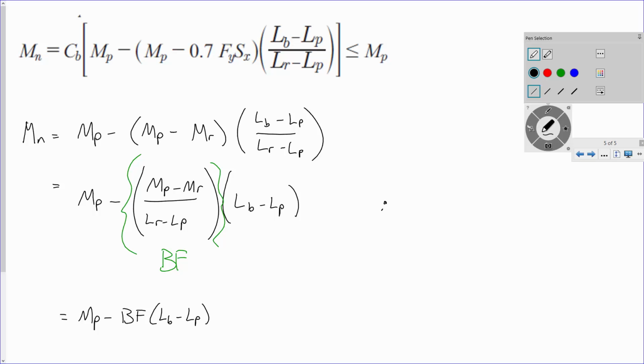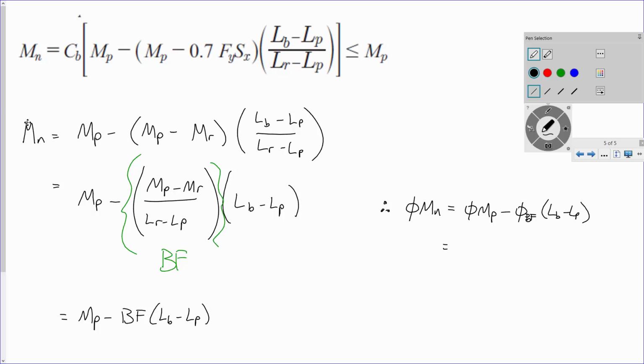So therefore, phi MN is phi MP minus phi BF times LB minus LP. That's all there is to it.